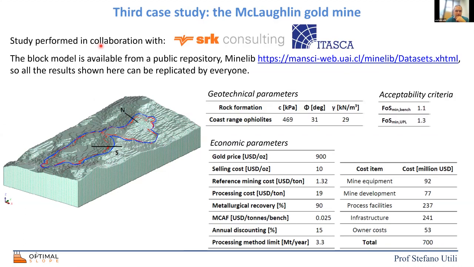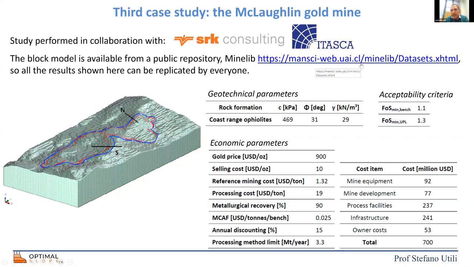This is another case study. Maybe I can go a bit quicker about this one. This is McLaughlin, which is a gold mine located in California, and the beauty here is that there is no NDA.